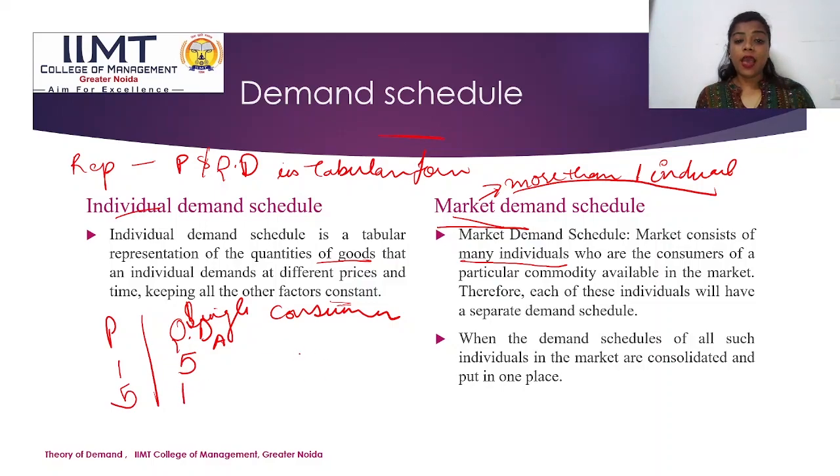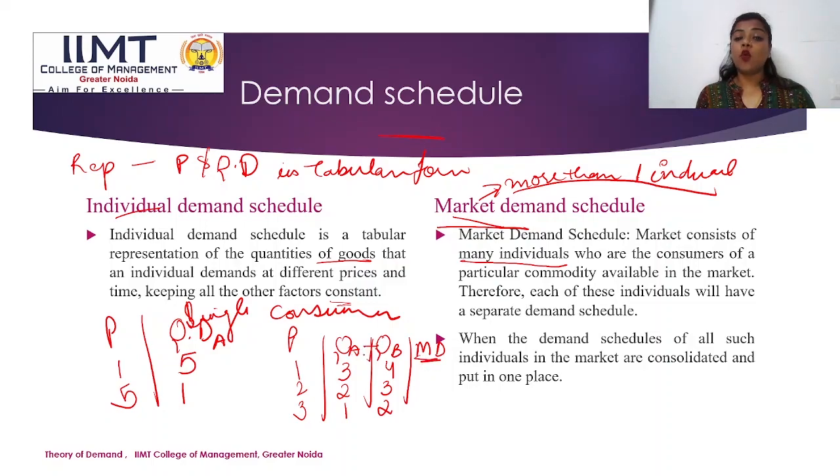When I am talking about market demand schedule, I'll be talking about quantity demanded of A, quantity demanded of B, and the market demand. Let us say the price is 1, 2, 3. So the quantity demanded by A is 3, 2, 1, and the quantity demanded by B is 4, 3 and 2. So to find out this market demand, what we are going to do is add the quantity demanded by the different individuals.